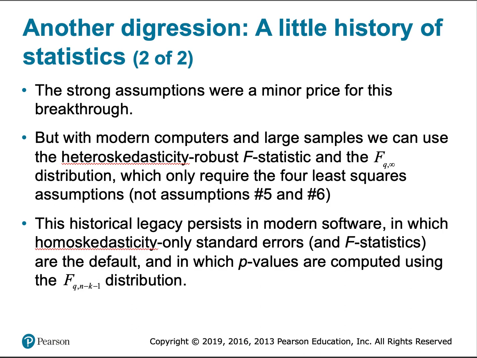It does not require homoscedasticity in the OLS residual, and does not require that the OLS residuals are normally distributed. This historical legacy of the homoscedasticity-only standard errors and F-statistics persists in modern software and can be the default. And in this case, the p-values may be computed using the F(q, n minus k minus 1) distribution.